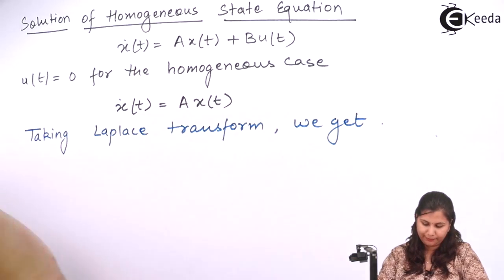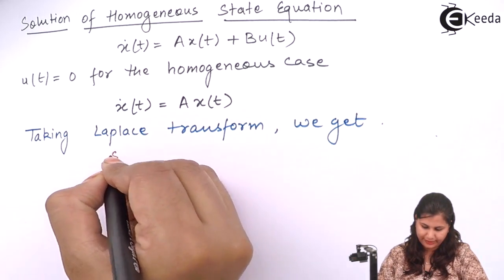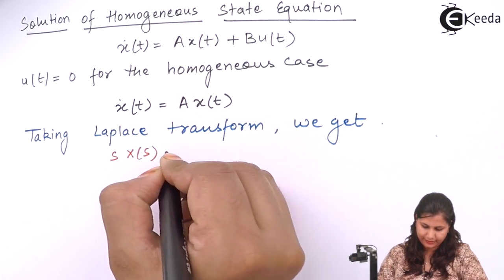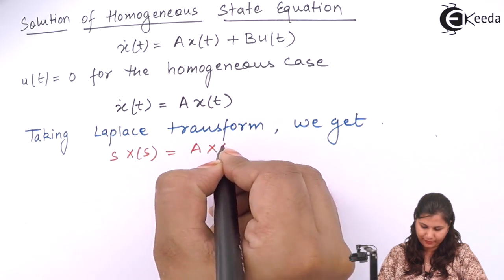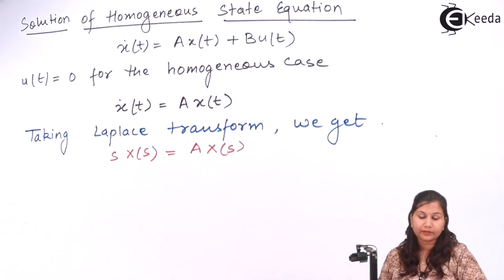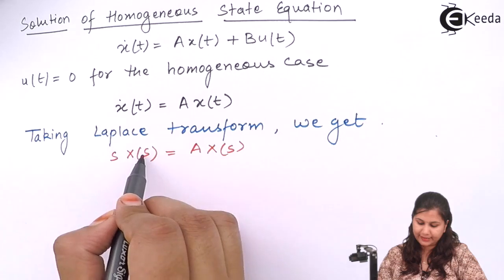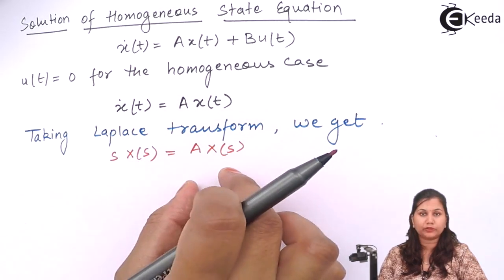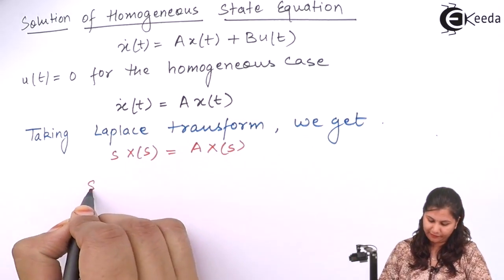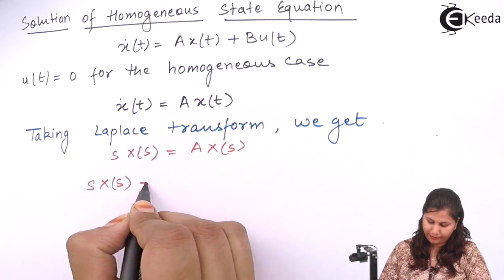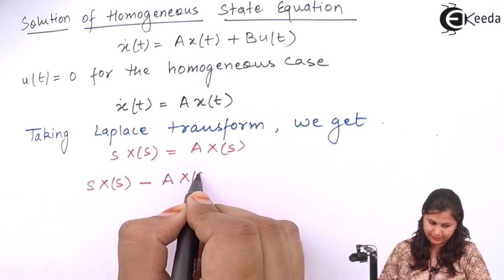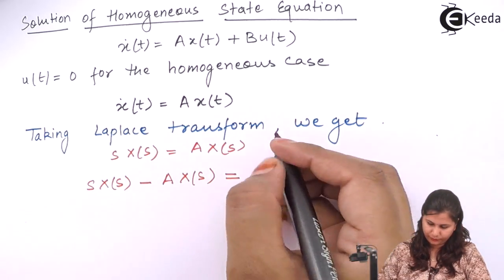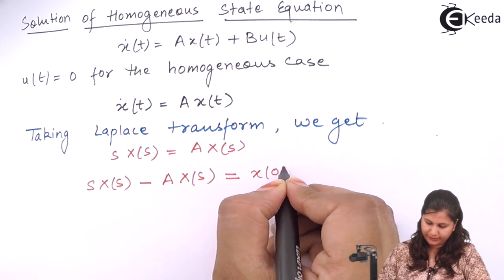So we get s X(s) minus x(0) equals A X(s). Now taking this X(s) to this side, because we have both the terms in X(s), we have s X(s) minus A X(s) equals x of 0.